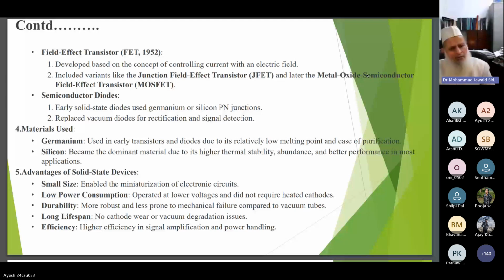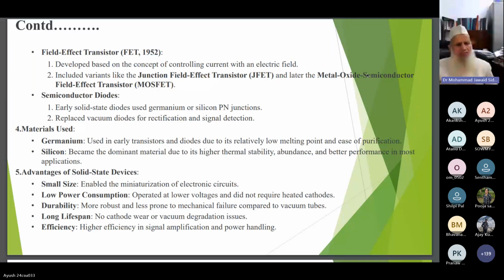Early solid state semiconductor diodes were manufactured using germanium, and later on they were manufactured using silicon, and that replaced the vacuum diodes for rectification.